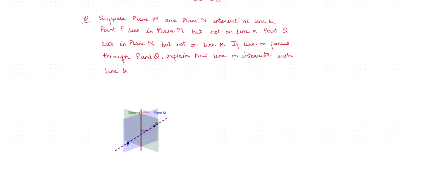This is the visualization of the problem. This is plane M and this is plane N, and this is line K, where they intersect, which is this red color.